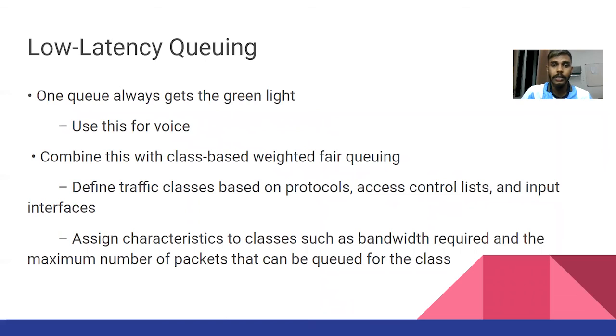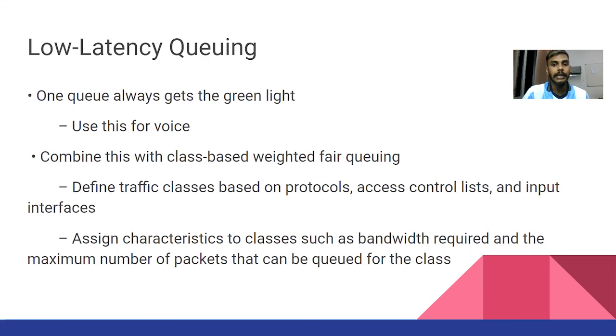Next we are going to look at low latency queuing, also known as LLQ. Basically, low latency queuing is a feature developed by Cisco to bring strict priority queuing to class-based weighted fair queuing.